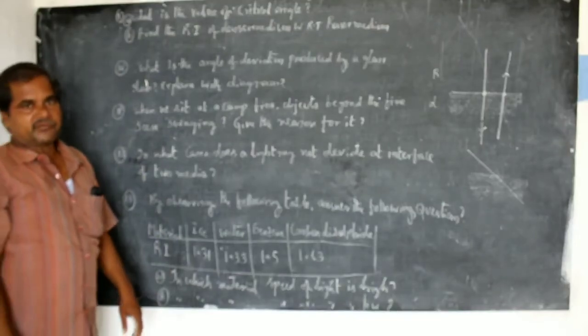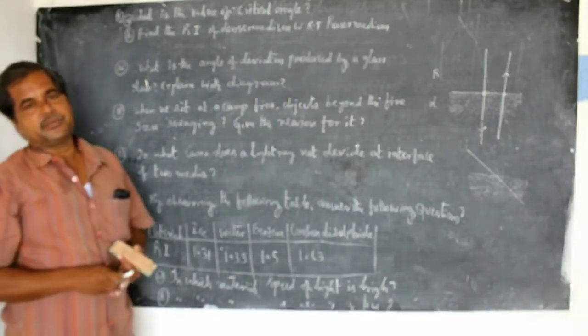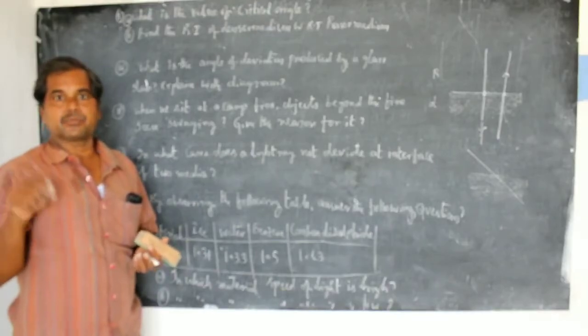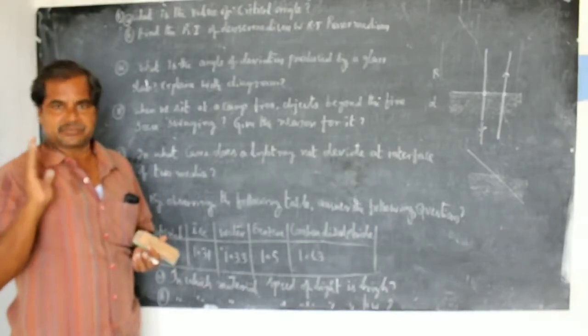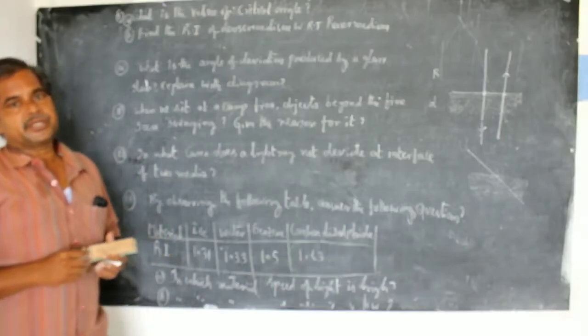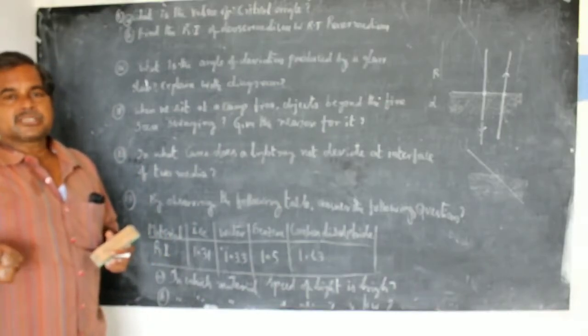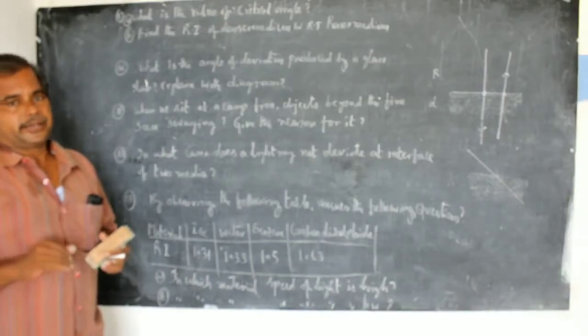According to the definition of refractive index, if a material has a higher refractive index, the velocity of light in that material is very low. If a material has a lower refractive index, the velocity of light in that material is high.